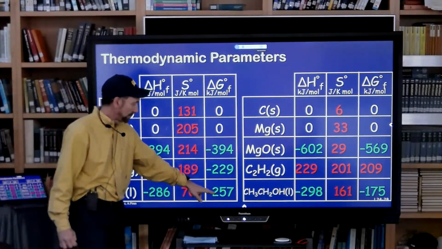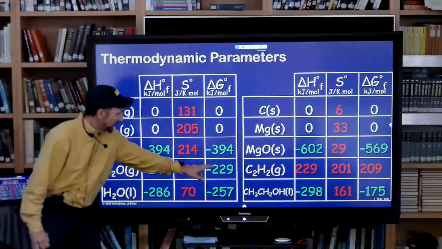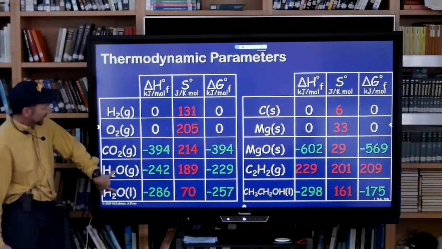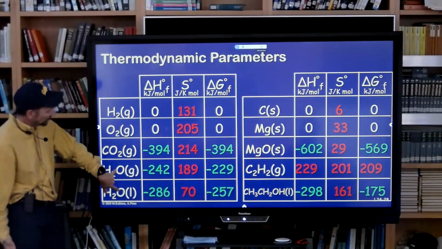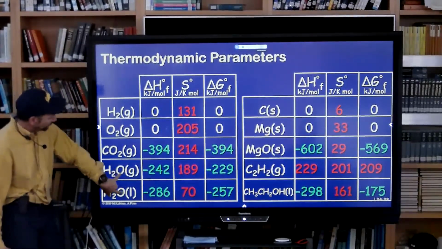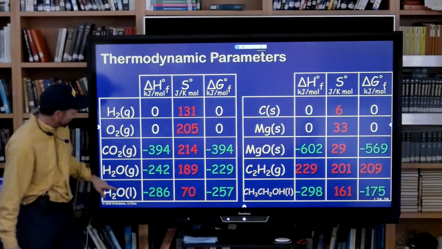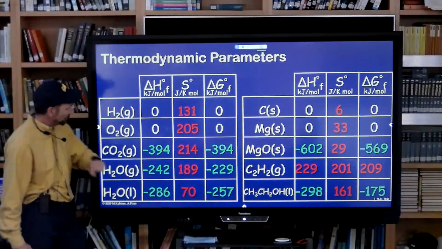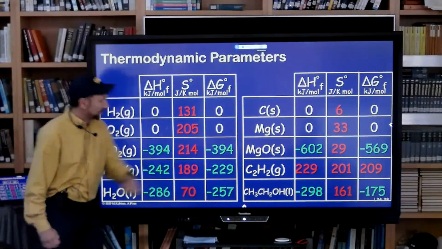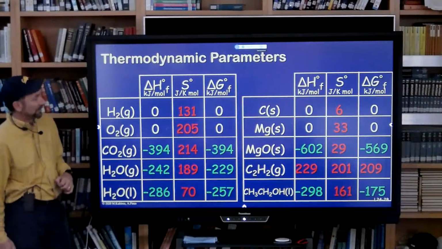We take the products minus reactants, and we would have a standard state free energy difference, but we have to know the temperature. The free energy difference between those two at standard states, 1 atmosphere of liquid or 1 atmosphere of gas, pure liquid at 25 degrees C, is the expression we would find there.